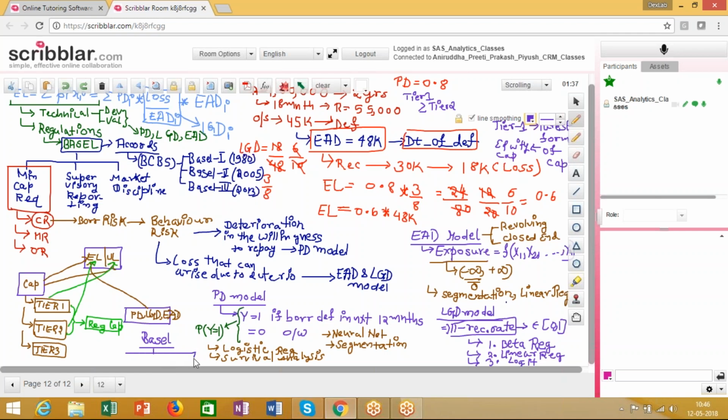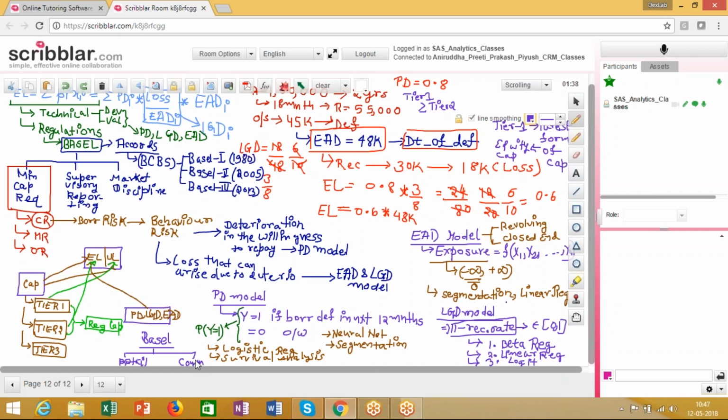Basel talks about two broad types of portfolios. One is the retail portfolio, the other is the commercial portfolio.